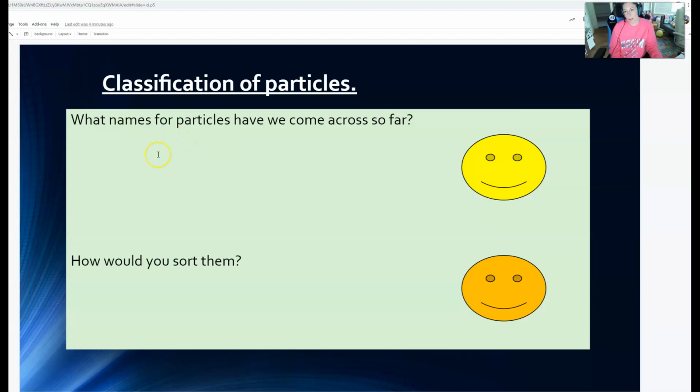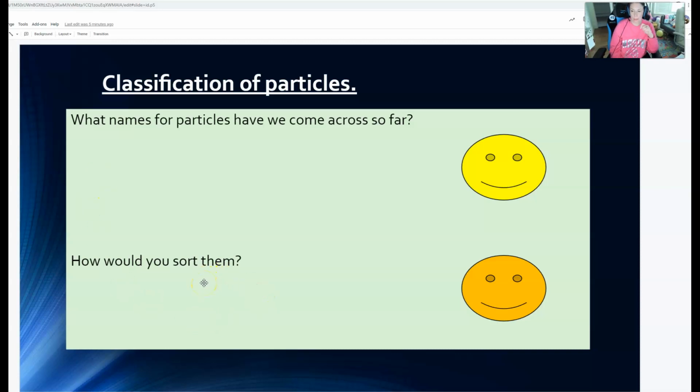You've probably got a list of things we've talked about: electrons, protons, neutrons, and their antiparticles, so positrons. We also talked about the bosons, so the W boson, gluons. How would we sort them?